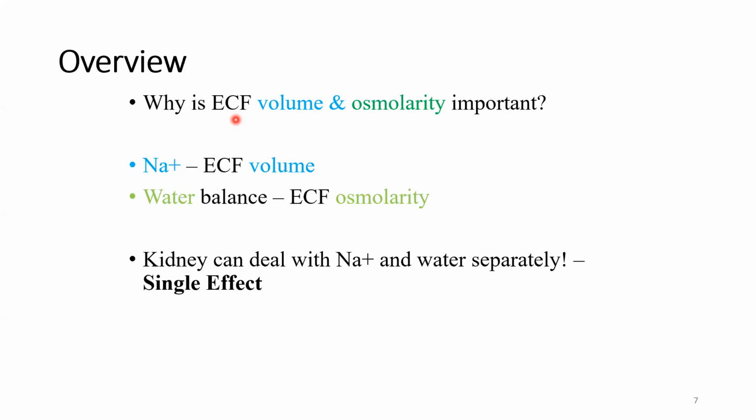Very important relationship. Okay. Then water balance is to do with osmolarity. These are the rules. Sodium is to do with volume. Water is to do with osmolarity. Why is osmolarity important? You know this, we have done this in the first two lectures of this series.